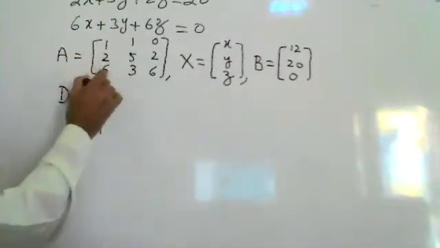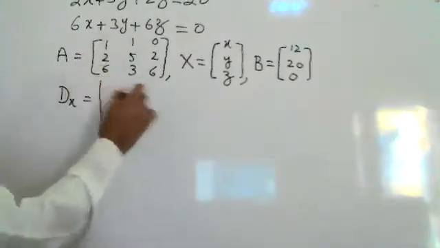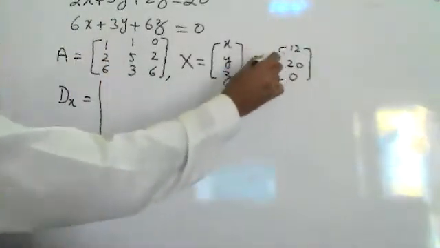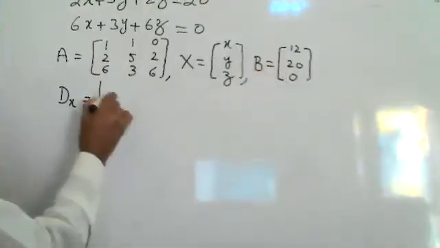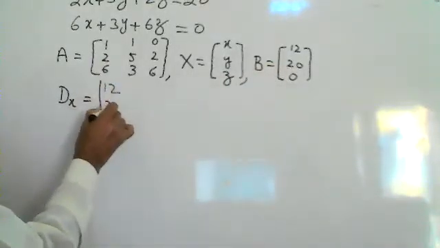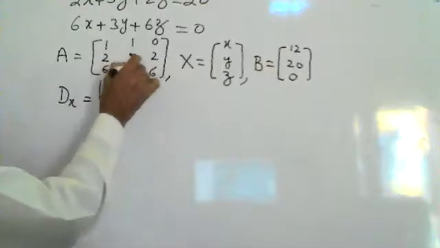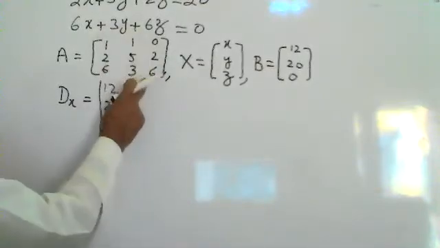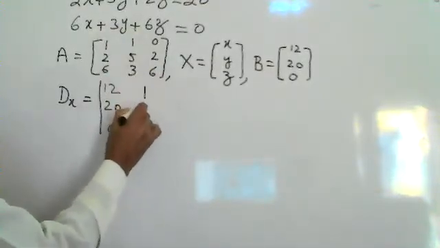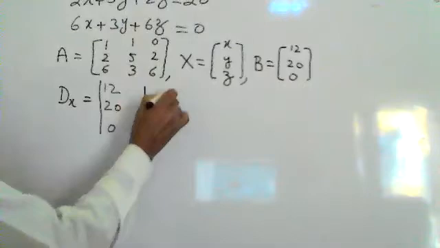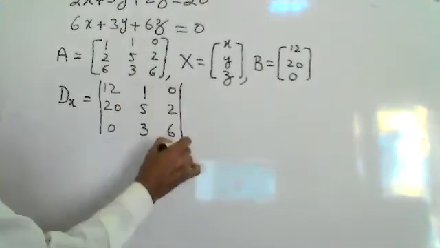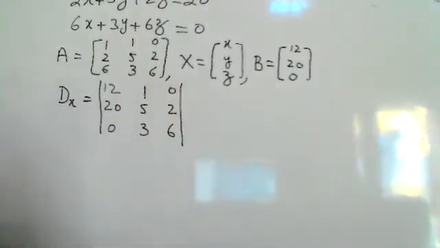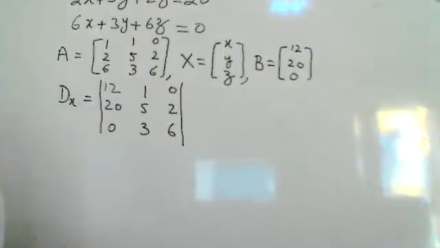That will be removed and interchanged by the constants. So 1, 2, 6 is interchanged by 12, 20, 0. And the coefficients of y and the coefficients of z will remain as they are.